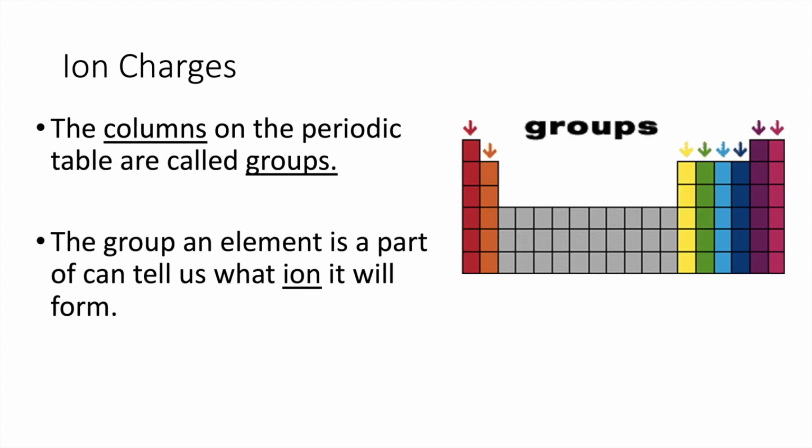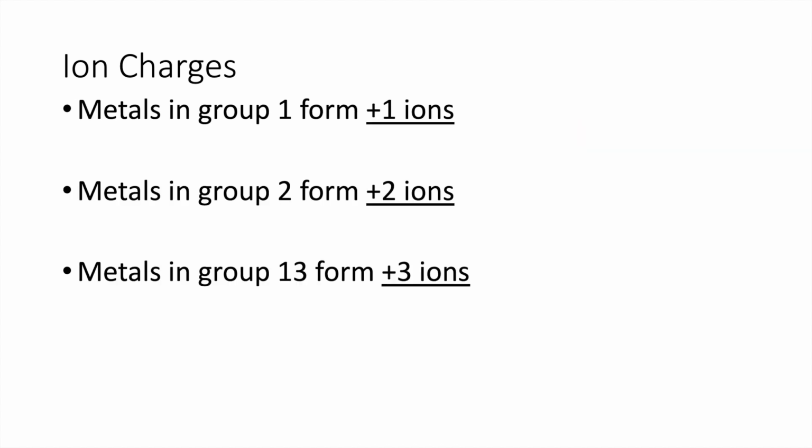Now, something that's going to be handy right now is for you to pull out your periodic table, because we're going to be labeling some things on it again that's going to make our lives easier. As a reminder, the columns on the periodic table are called groups, and what group an element is a part of can also tell us what ion it will form. So, like we said before, metals tend to form positive ions.